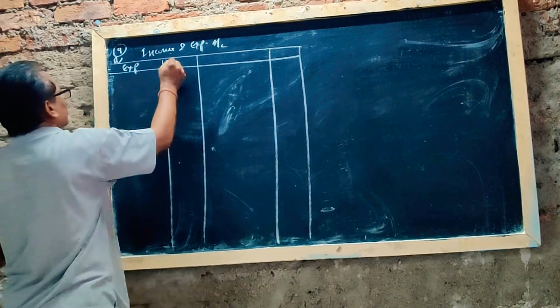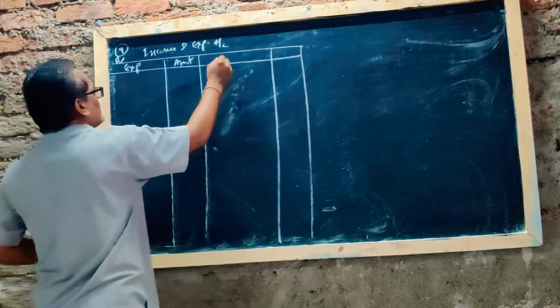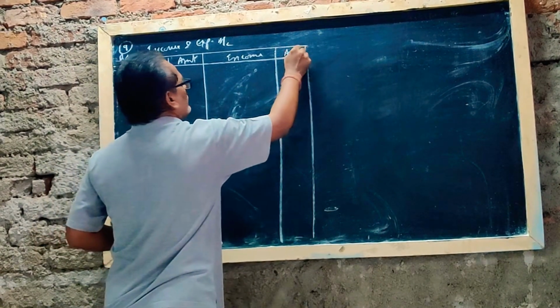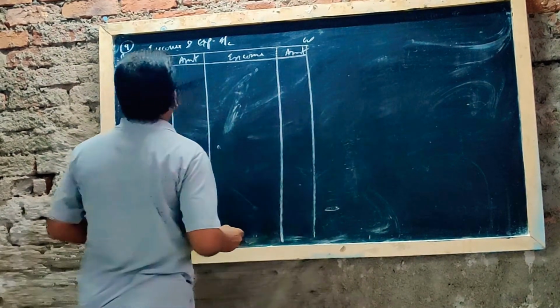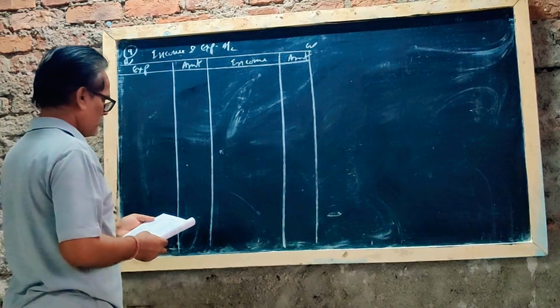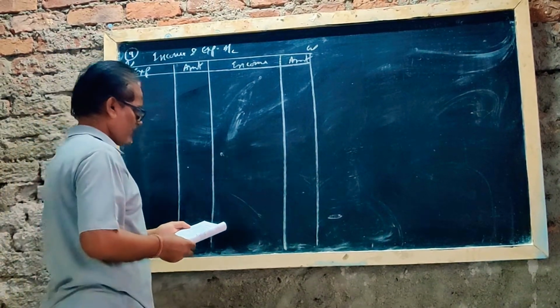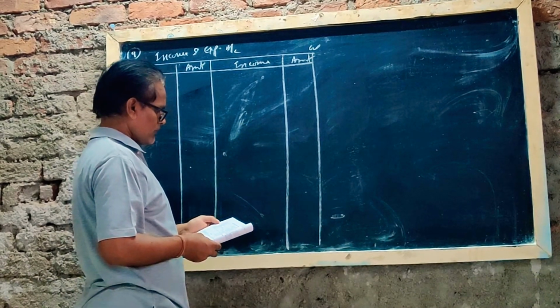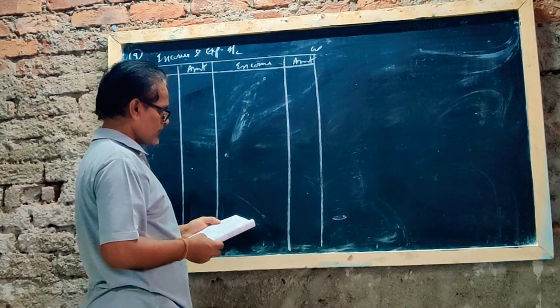Expenditure amount, income amount. Now see the debit side, opening balance. Here cash in hand, current account, fixed deposit are all opening balances, don't take them.